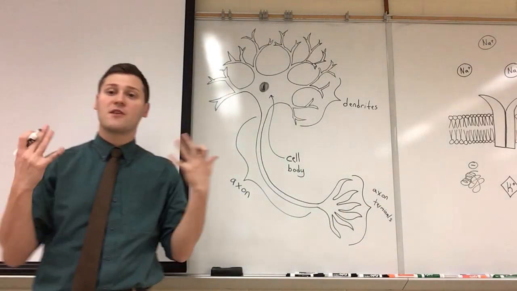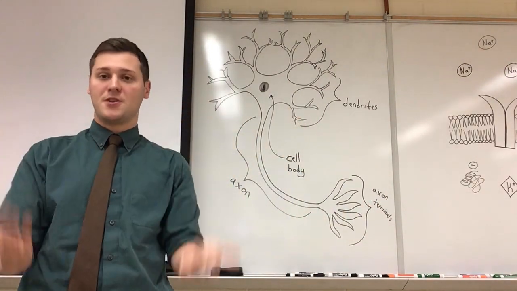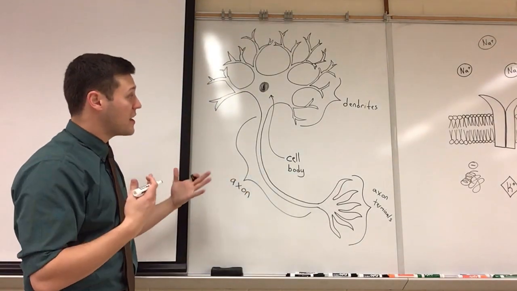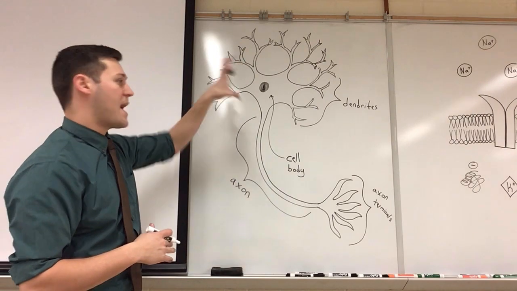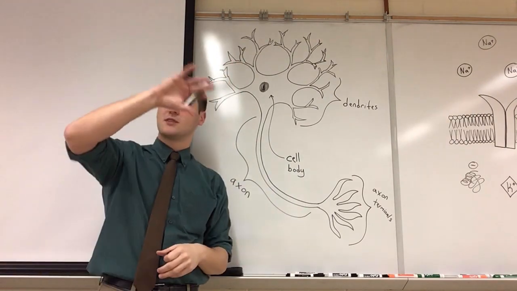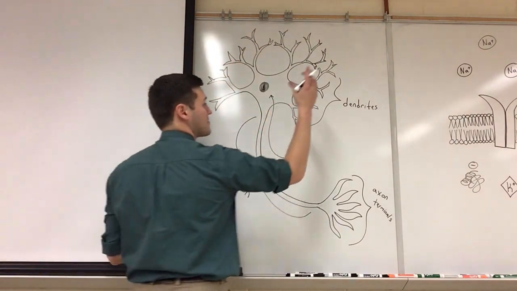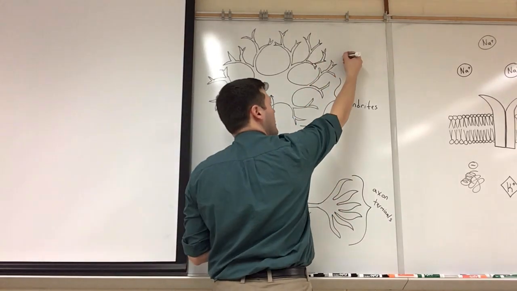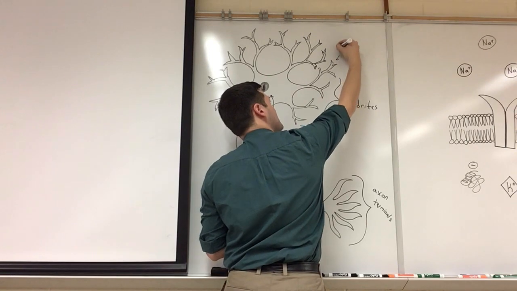So those are the parts of the neuron that I feel like you should know before we jump into this. And generally speaking, the pathway of electrical conduction passes from the dendrites to the axon terminal. So this is where the signal is received.